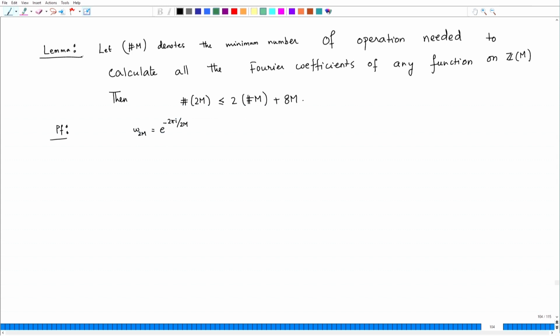Now, first I need to compute omega 2 m square, and this is omega 2 m to the power minus 1. This will require how many steps? 2 m steps. 2 m multiplications, to be more precise.